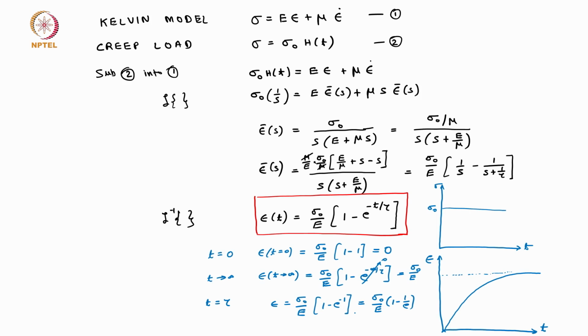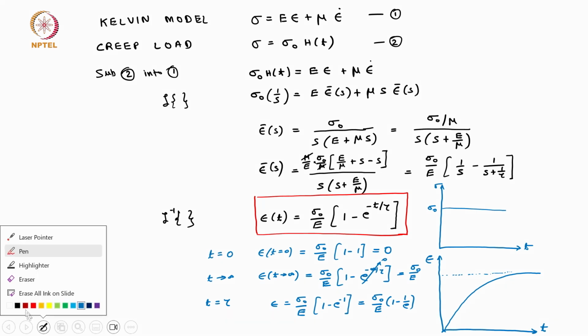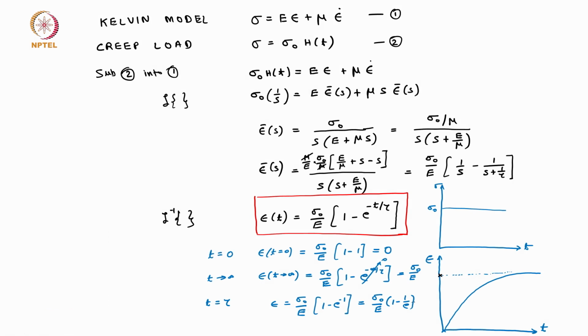We know that 1 by e, we have previously shown it to be 36.8%. So, this saturation value, or the long term value, is sigma naught by E. If you reduce it by 36.8%, it should be somewhere here. So, this value is our 36.8%, which corresponds to 1 by e.